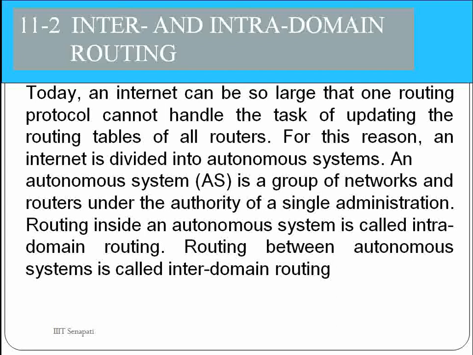Several networks will be there, connected with each other, routers are there, and all these are maintained by a single administration. That will be called an autonomous system. So now two kinds of routing will be needed. A routing for the routers inside this autonomous system.